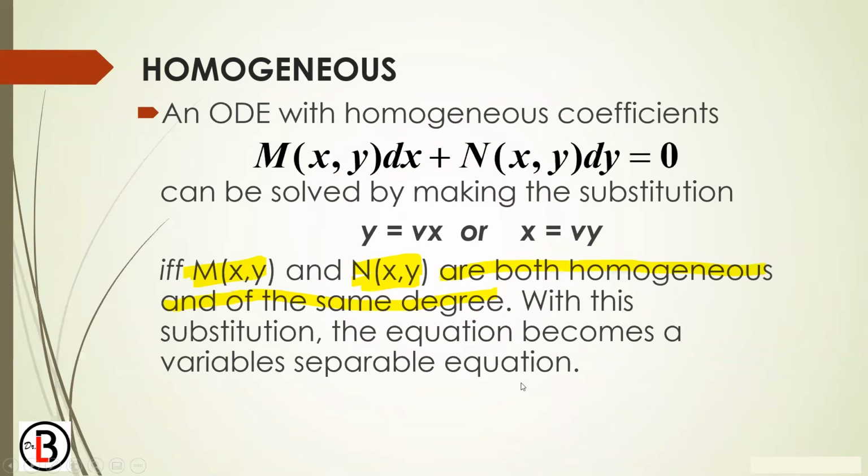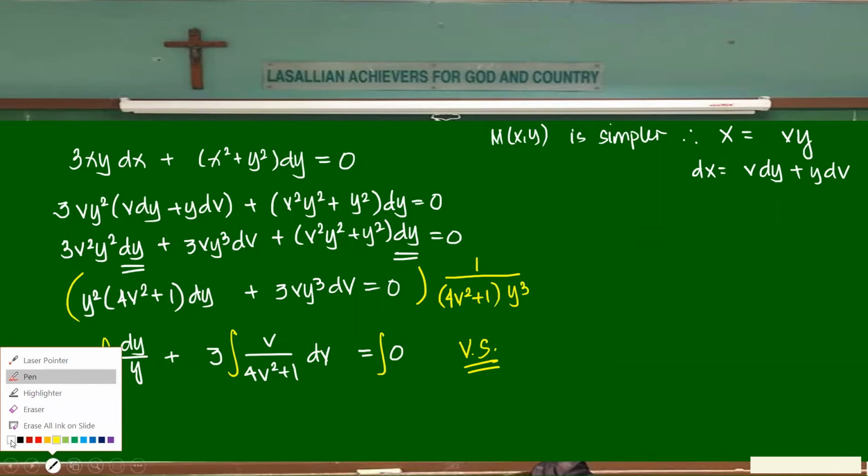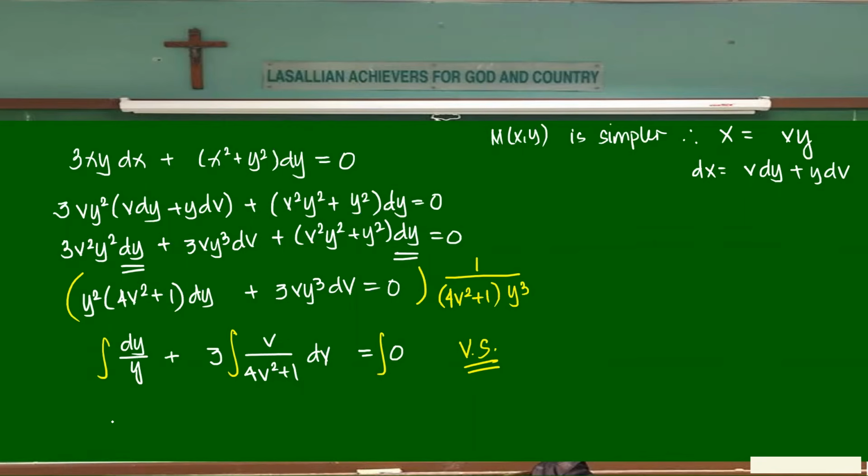So meaning, once it is homogeneous, and then after plugging in the necessary substitutions, you'll be able to solve it using the same technique as variable separable. So if we integrate this, this, and this, what's the integral of the first term? ln of y, that's good. The second term, since the numerator has a lesser degree than the denominator, what do we do?